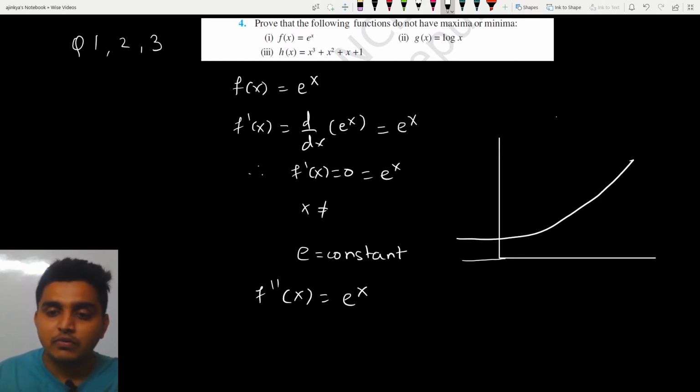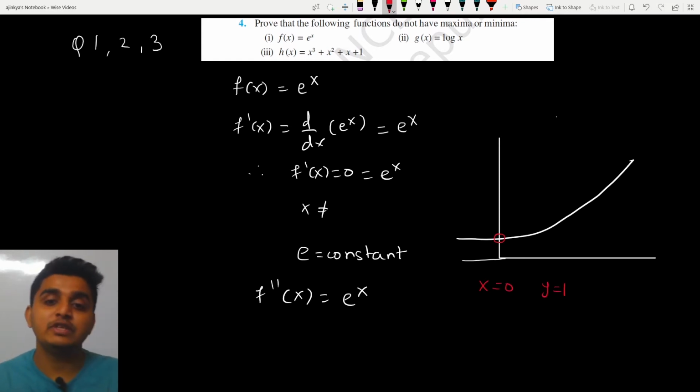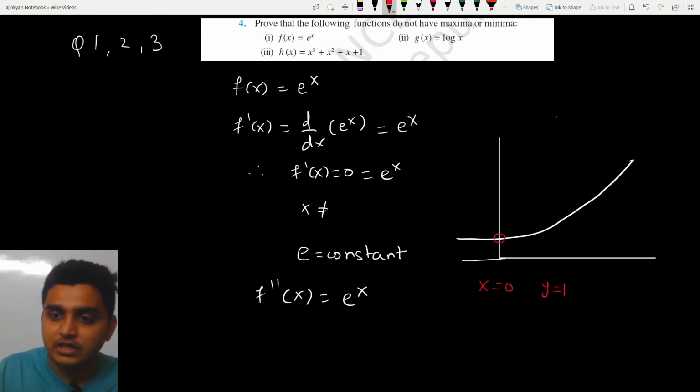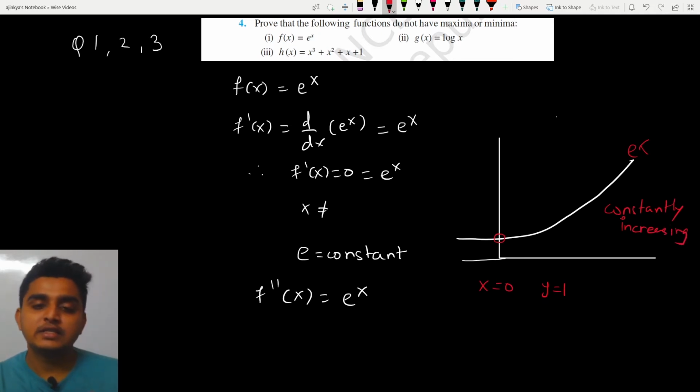We only have a point of inflection at x equals to 0, where y equals to 1, which is the value of that function. We can see that this function e raised to x is constantly increasing.